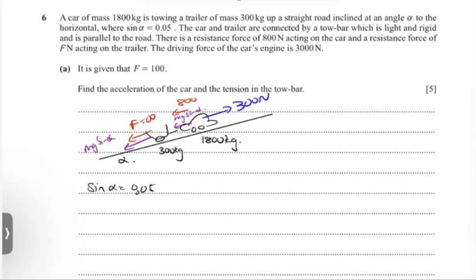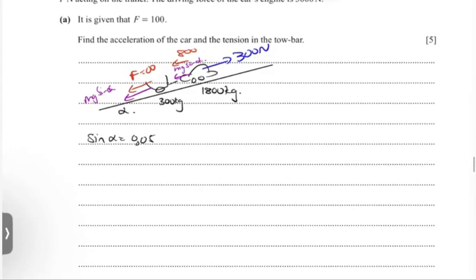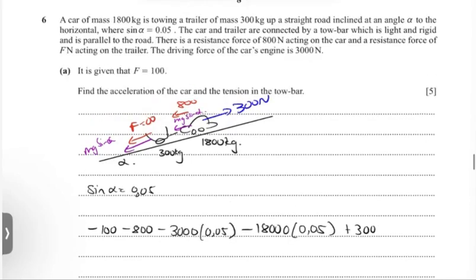So if I look at the whole system, all of these forces that I've now drawn on here, I've got minus 100, minus 800, minus my mg sine alpha for the trailer, 1.5 times 3000 times sine alpha, minus 18000 times sine alpha, and then my driving force, looks like I've written it down wrong, 3,000 Newton.